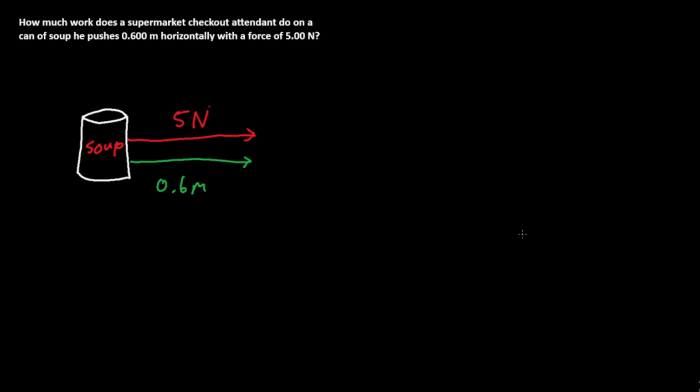So we have a can of soup. Let's try to draw the can of soup. And he pushed it. So the checkout attendant pushed it 0.6 meters to the right and pushed it with a force of 5 newtons as well. I guess the vector lengths don't really matter that much in this case, but let's just draw the vectors with the same length.